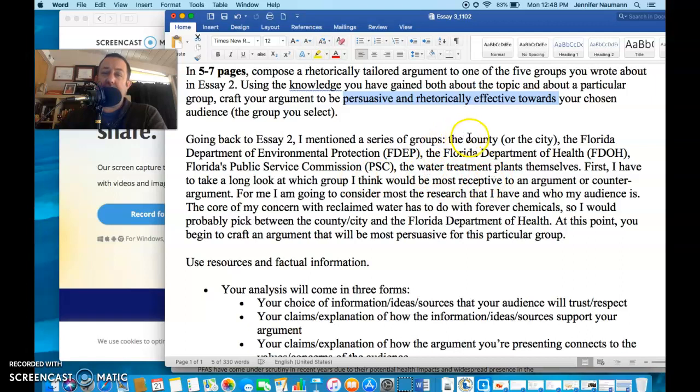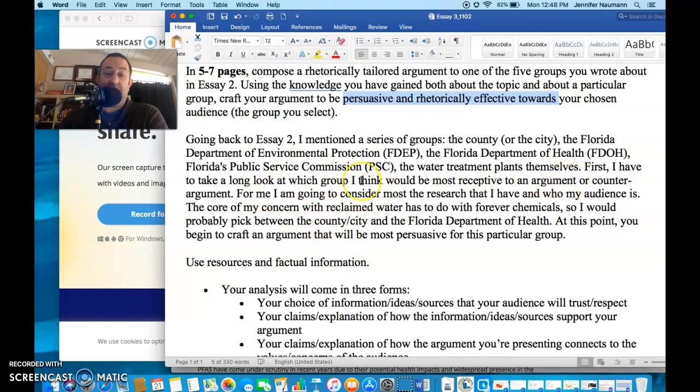You've got the county, the Florida Environmental Protection Department, the Department of Health, Florida's Public Service Commission, the water treatment plants themselves. Right. So actually, I did kind of figure one based on this. So yeah, I'm going to talk about this in a minute. But yeah, I did do this, as I say here.